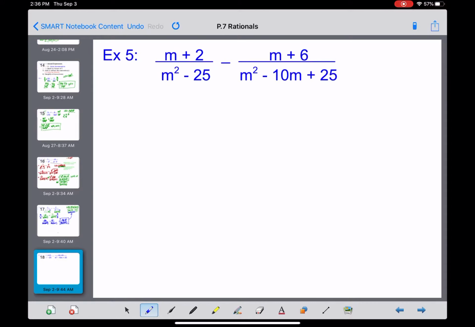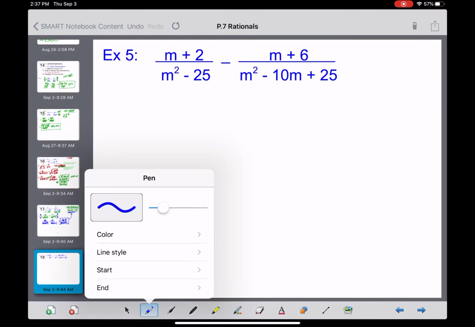In our last example, again, try this one on your own first. And I'm going to go ahead and show you how to do it. So I'm going to go ahead and factor this one. I'm going to change the color.